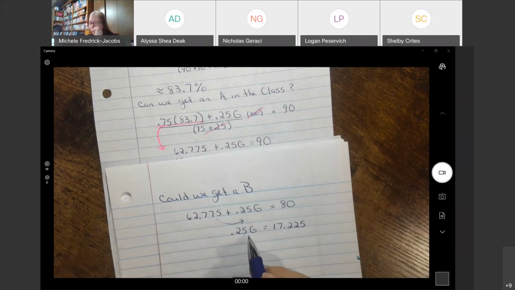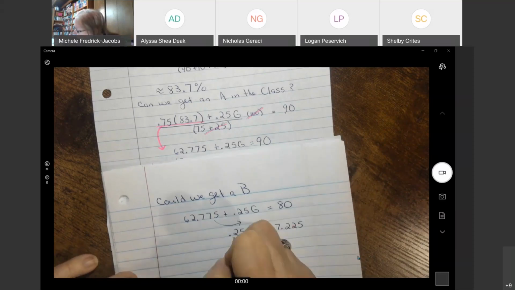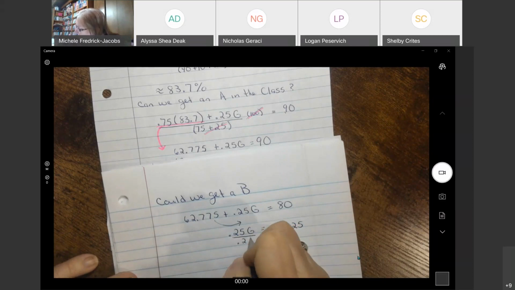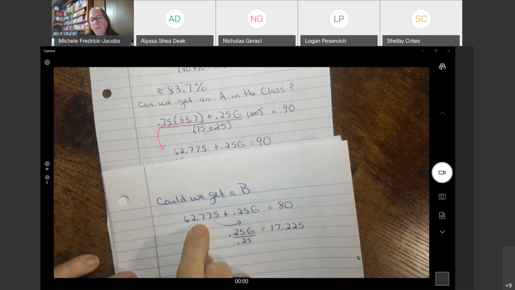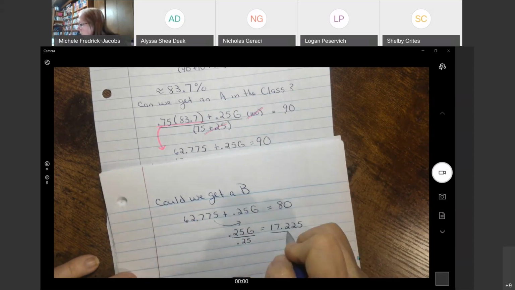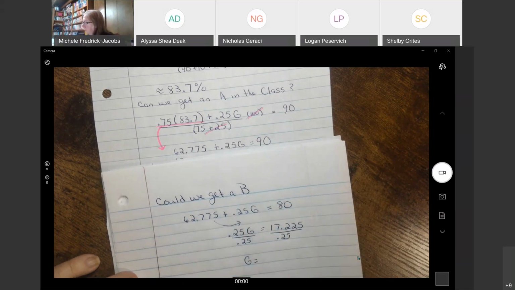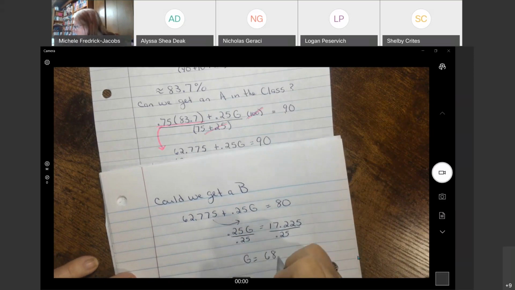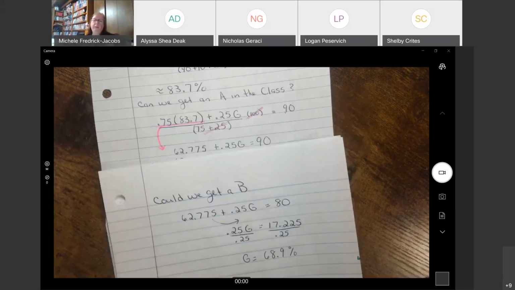Again, we're trying to get B by itself, so we'll divide. Always do the opposite. This was a positive, so we subtracted it. This was multiplied, so we divided it. We get 68. So you need a 69% on the final to get a B in the class.